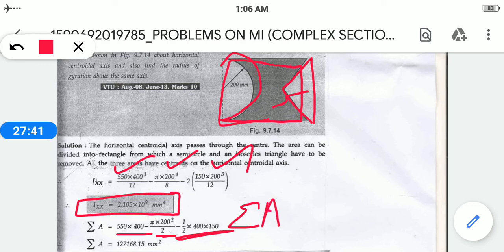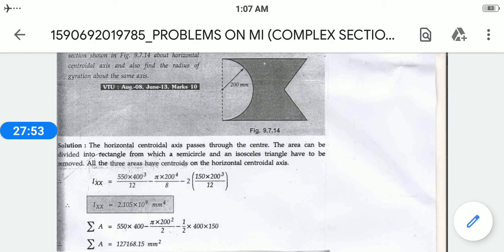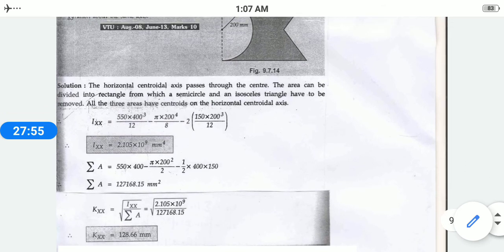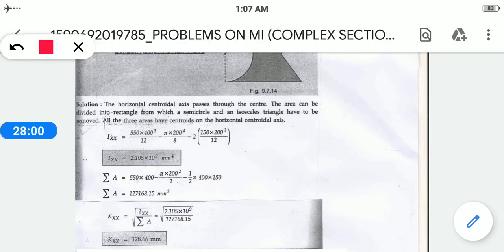Then what do we have to find? Directly we have to find our radius of gyration. Kxx is equal to square root of Ixx divided by A. This method can also be done in a table method. How will you do it in a table? In the table, you need to put the component.